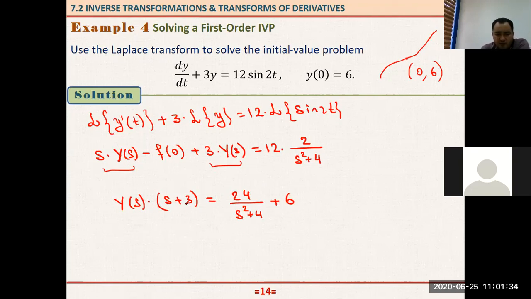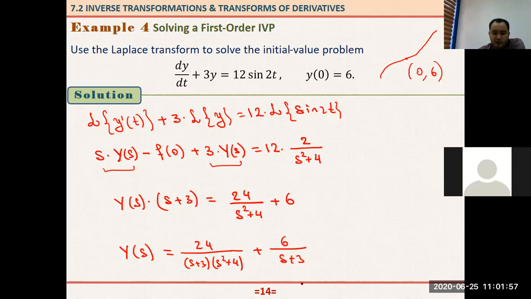Now if I divide both sides by s plus 3, what do we get here? Y of s is equal to 24 over s plus 3 times s squared plus 4, plus 6 over s plus 3. I can simplify this.